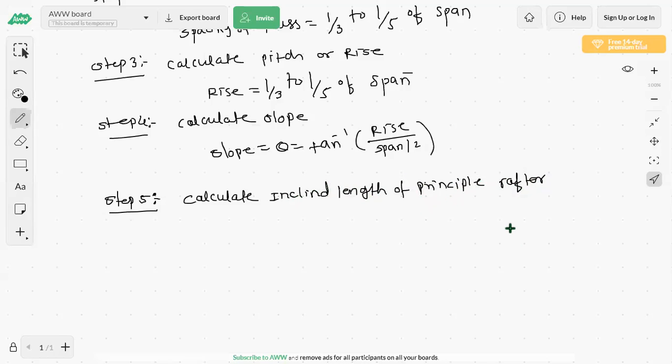So incline length of principal rafter, what does it mean? This is the half part of your truss, and this is the principal rafter.